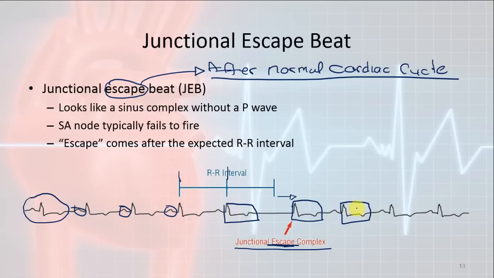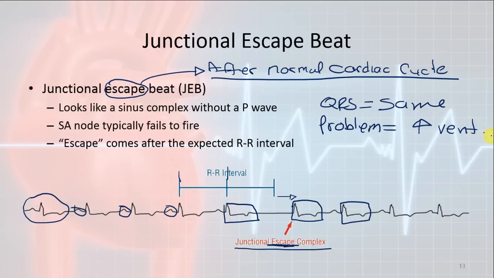What that tells me is that if the QRS is the same, then in this case the problem is above the ventricles. If the QRSs were different, then the problem would be in the ventricles. But since they're all the same all the way across, then the problem is above the ventricles. And since there's no P wave right here, that tells me that this is a junctional escape complex.